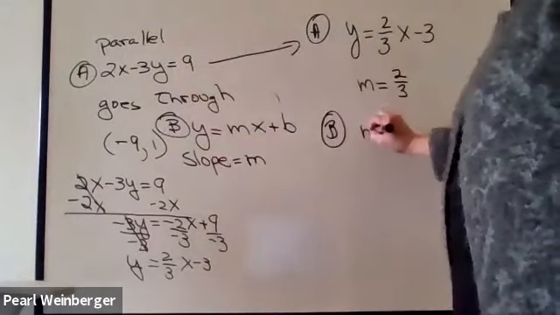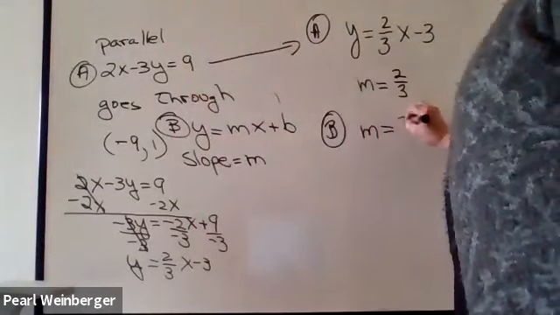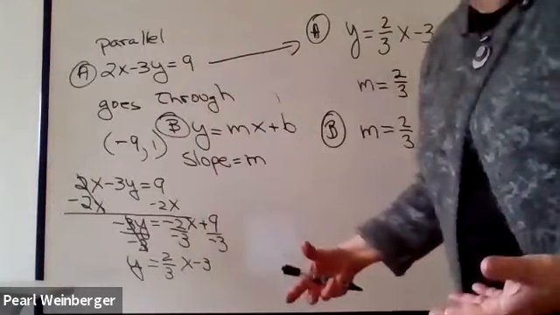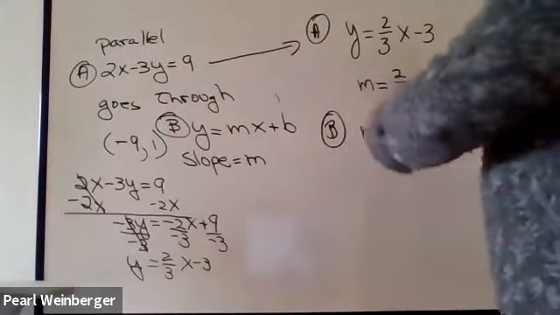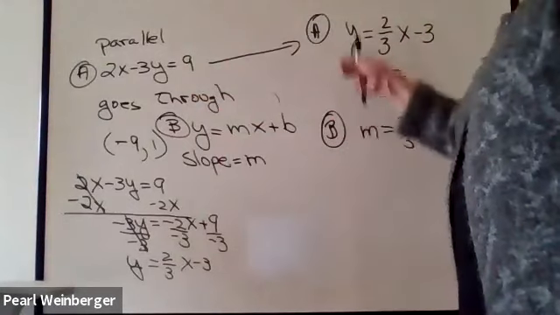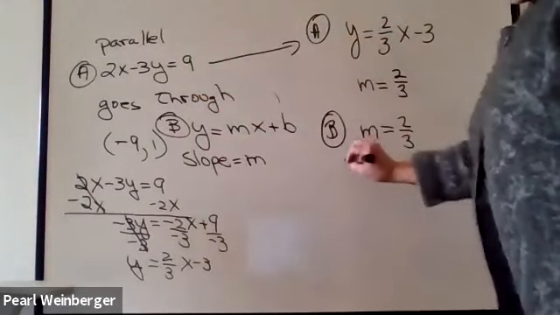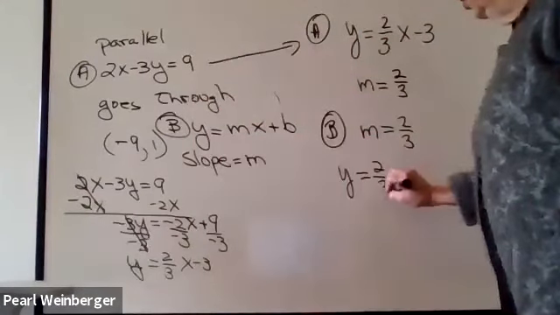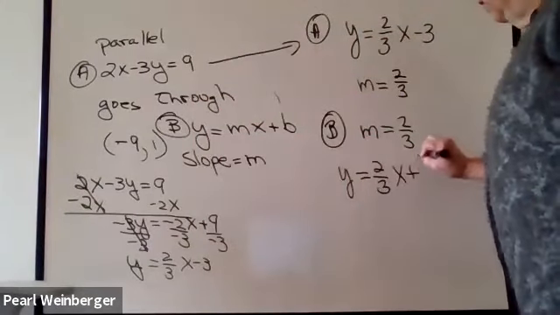So the slope of line B is also going to be 2/3. If it would have said the lines are perpendicular, then I would have had to flip this number over and switch its sign. But it didn't, it said they were parallel. So here's my new line, y equals 2/3 x plus b.